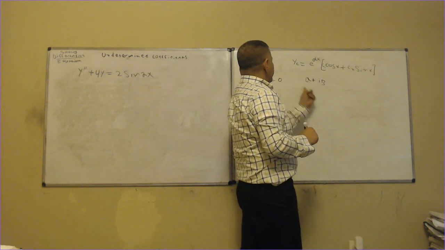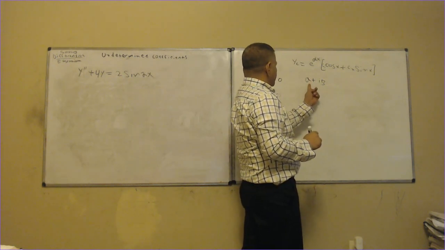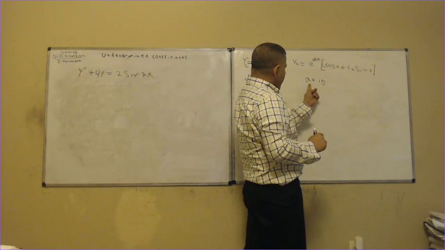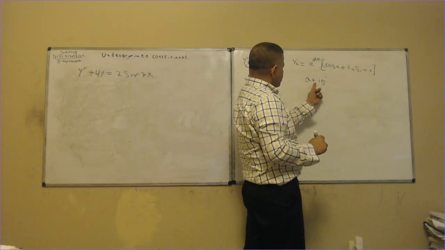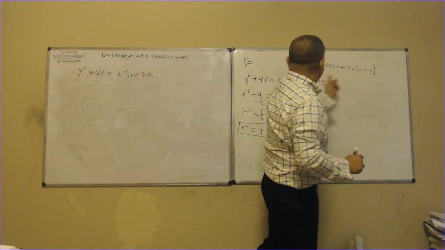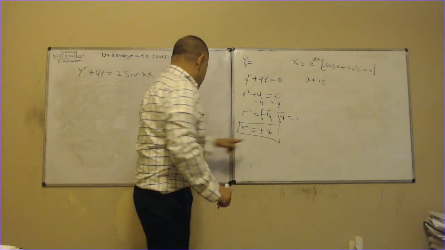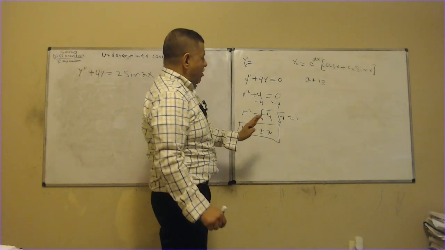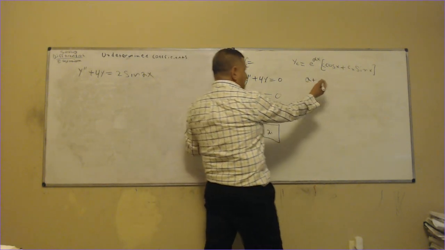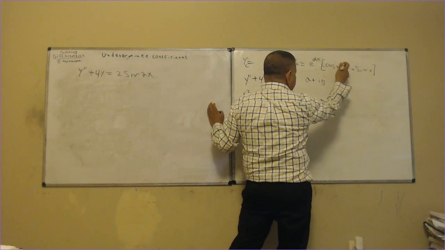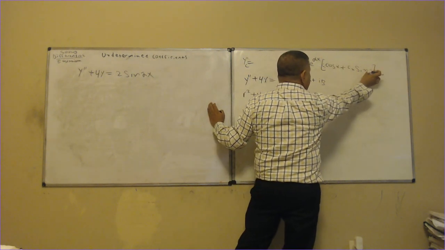But alpha in this case is equal to 0, and we have a beta. The beta is the 2 that we found, so beta goes over here, replacing the argument.